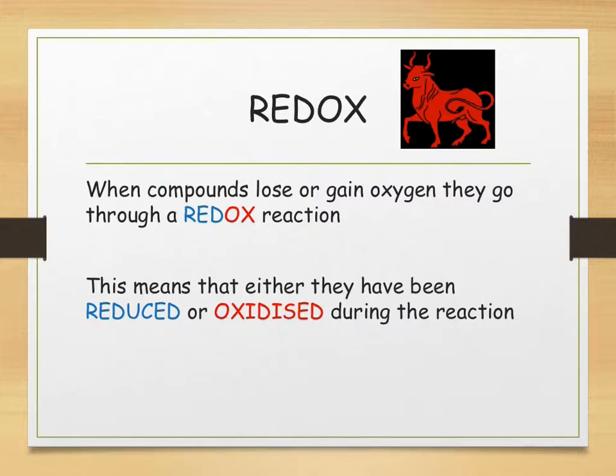So what is reduction? Before we can look at reduction, we first need to look at redox. When compounds lose or gain oxygen, they go through a redox reaction. This means that either they have been reduced or oxidized during the reaction. If we have a compound being reduced, then another compound must be oxidized in the same reaction.